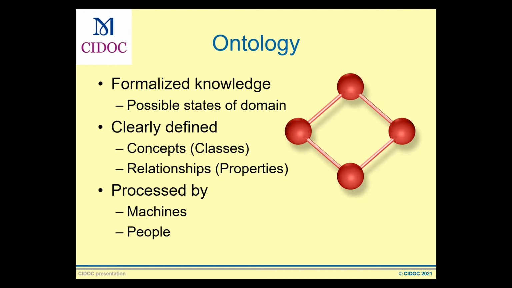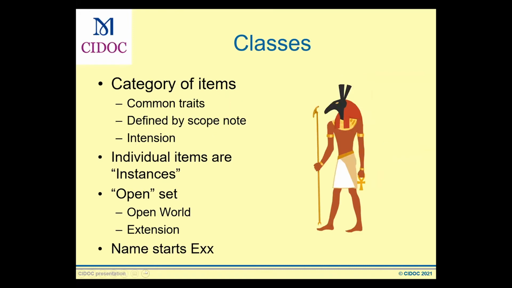So we clearly define a set of concepts and a set of relationships, the properties that join those classes together, so that they can be processed by both machines and people. So we make our labels for the classes and the properties not only machine readable, but also human readable, so that we can look at them and understand their meaning as wetware, as human beings. So what's a class then?